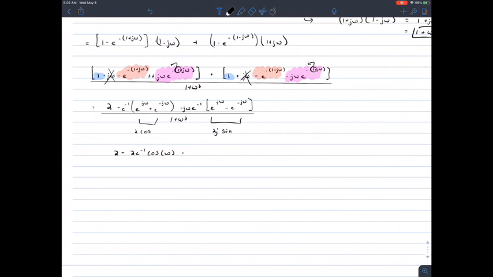So j times j is negative 1 times the negative, which is 1, times 2, which is going to be 2. Yeah, that's 2 omega e negative 1 sine of omega, all divided by our denominator, 1 plus omega squared.